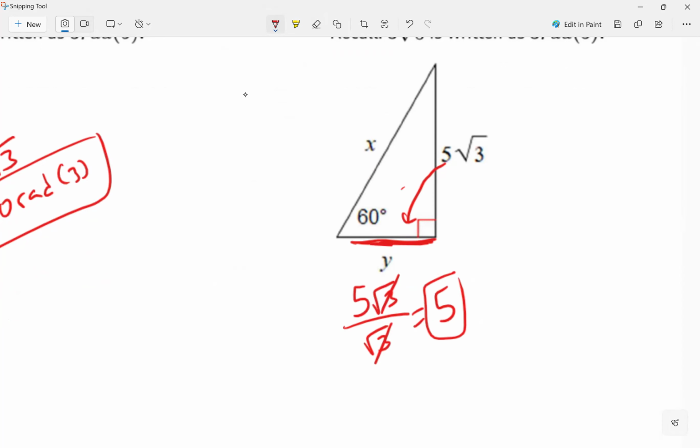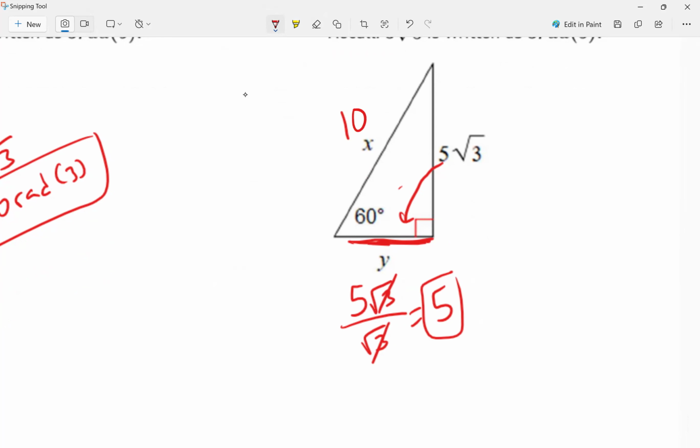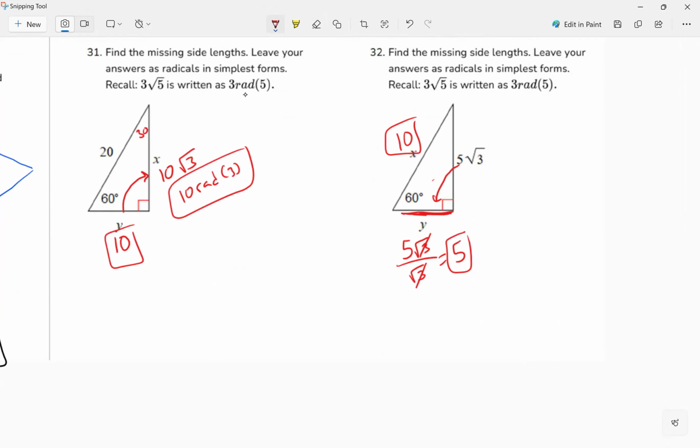So how big is the hypotenuse? If the small side is 5, how big is the hypotenuse? Well, 10. Remember, the small side is half of the hypotenuse, so 10. So real quick, starting from the small side to go to the medium, you multiply by radical 3.